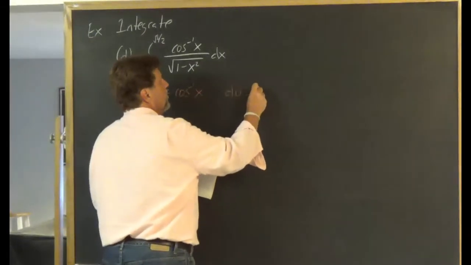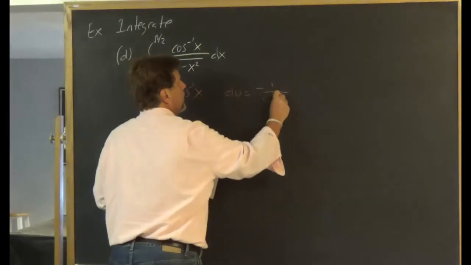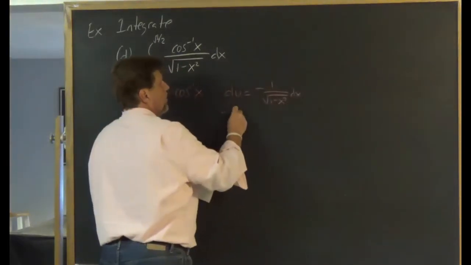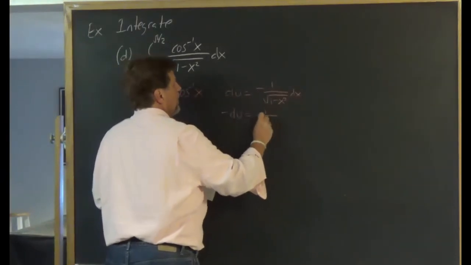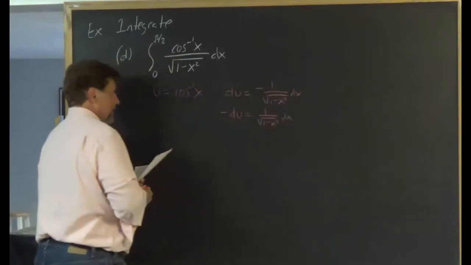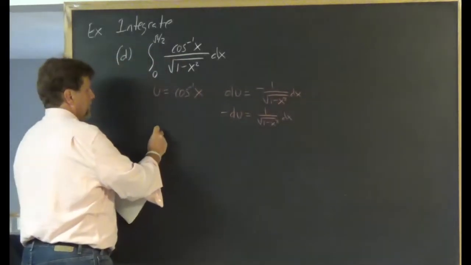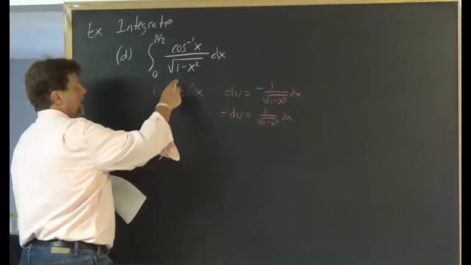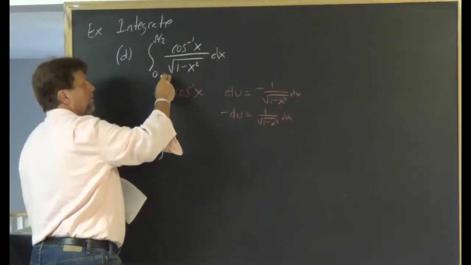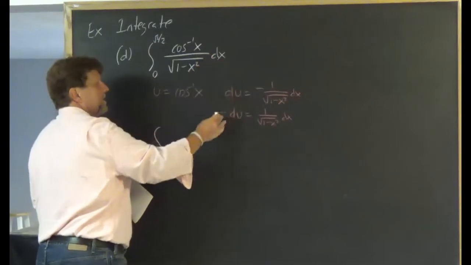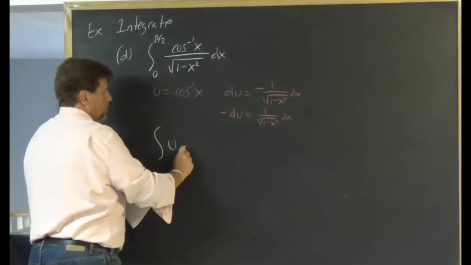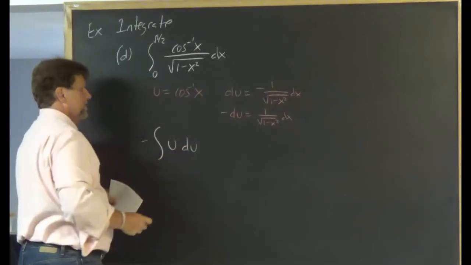Then we know du is negative 1 over the square root of 1 minus x squared dx, or negative du is 1 over the square root of 1 minus x squared dx. So when I substitute in, that's u, and the 1 over square root 1 minus x squared dx is negative du. So this whole mess just becomes u du with a negative sign out front.